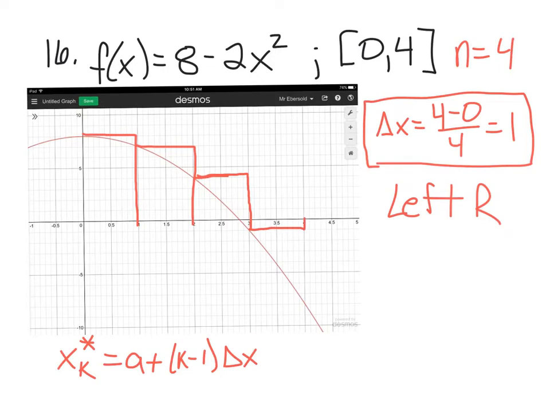So in this case, for what we have, this is going to be 0 plus k minus 1 times 1. All we're doing is plugging k minus 1 into our function. And then the k is going to get taken care of with the notation here.